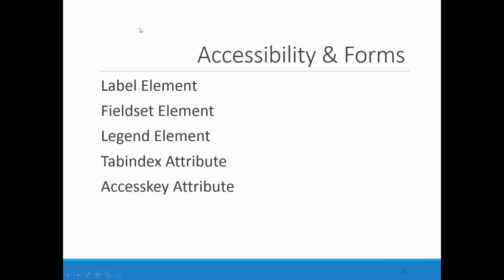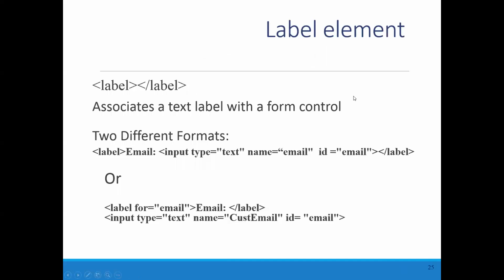So if I want to use the label element, again, it's a container. This is going to associate a text label with a particular form control. There are two ways that you can go. You can enclose the input control in the label, or you can break it out and associate the label through the use of the ID on the web page.